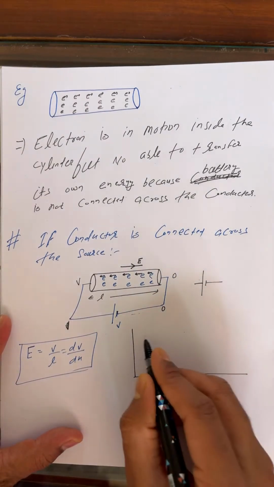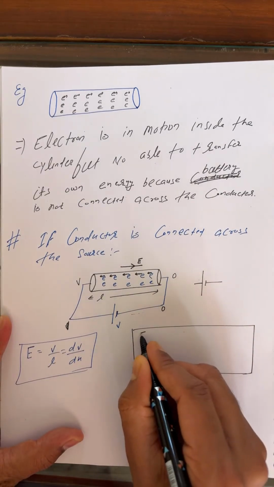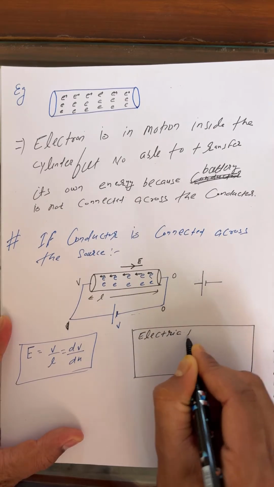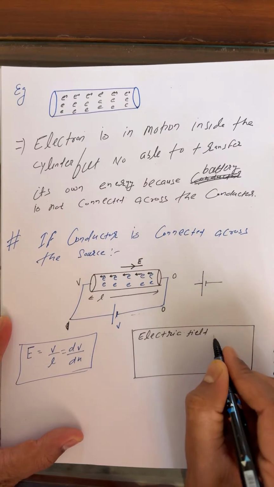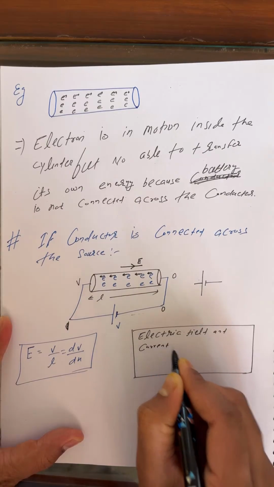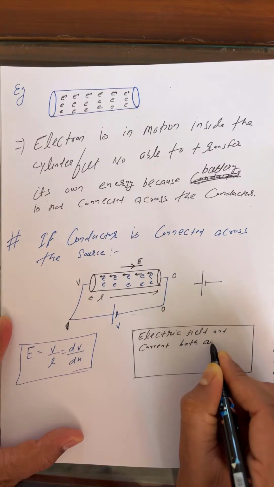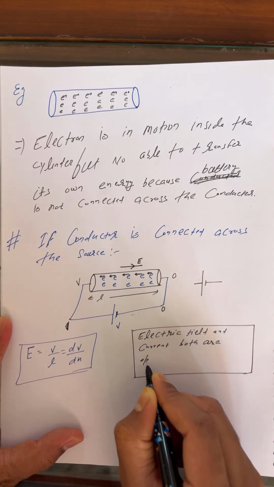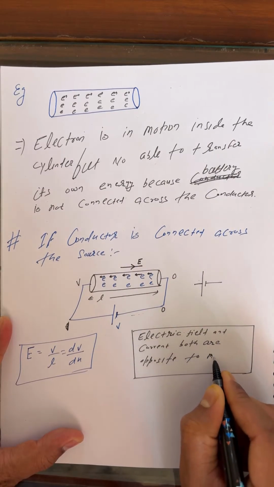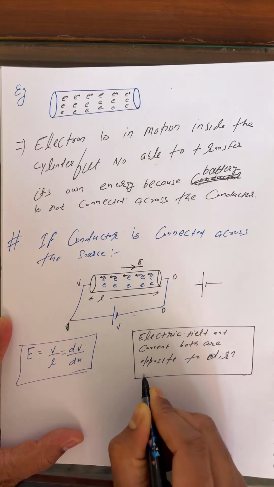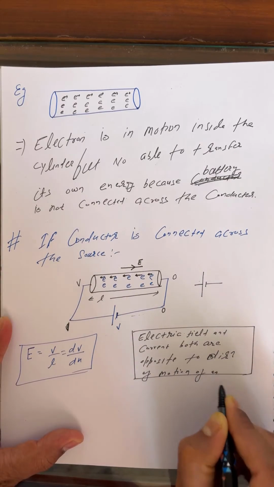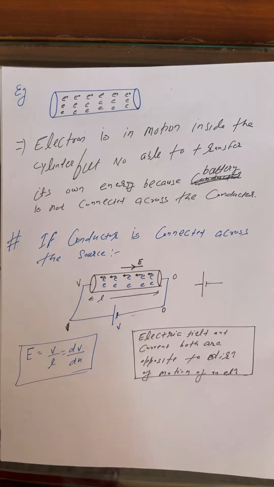Students, keep this point in mind: electric field and current are both opposite to the direction of motion of the electron.